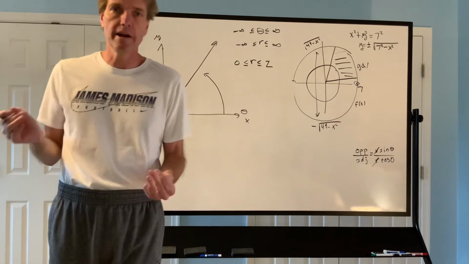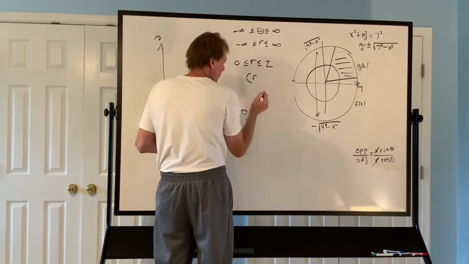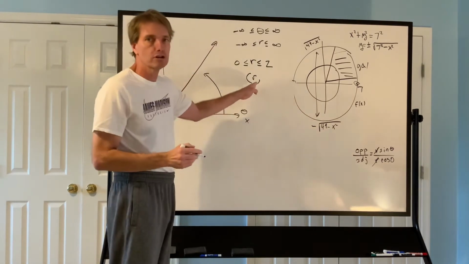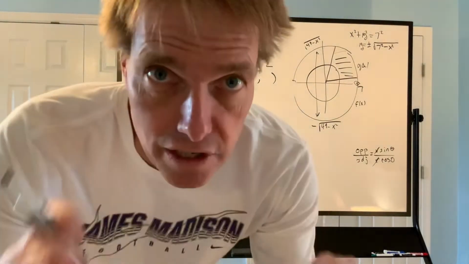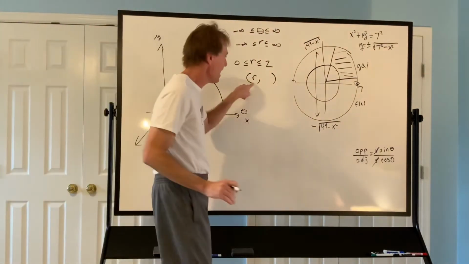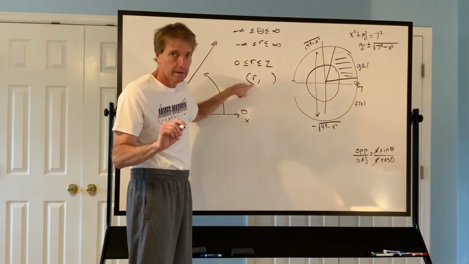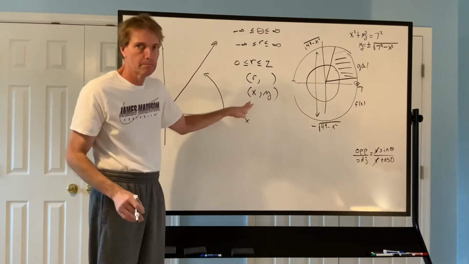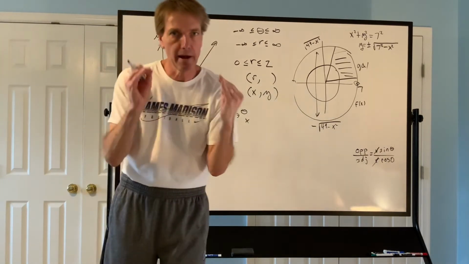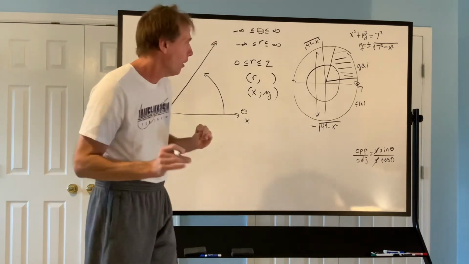Typically this is marked as the first component in our ordered pair. Now look at me and listen. This is not x. This is a polar coordinate. This is not the ordered pair x, y.